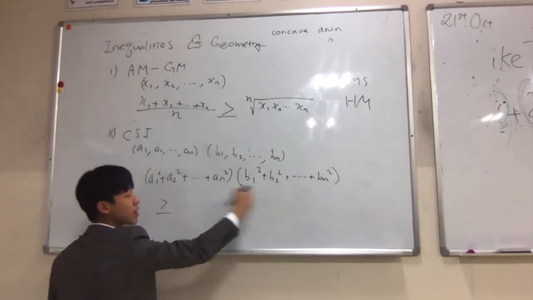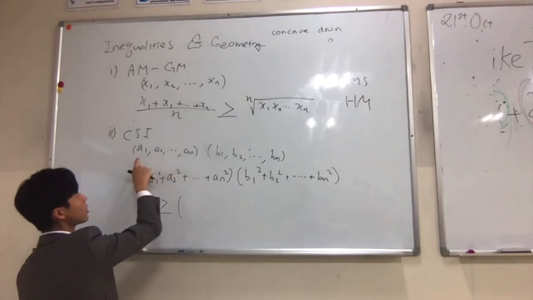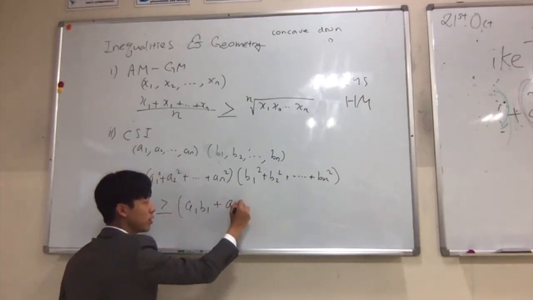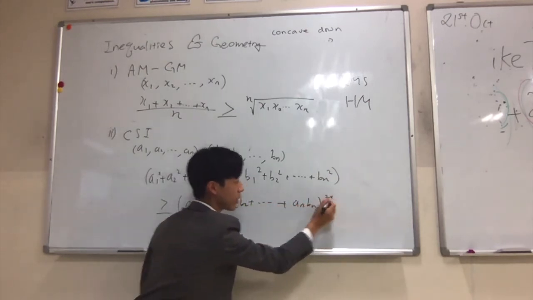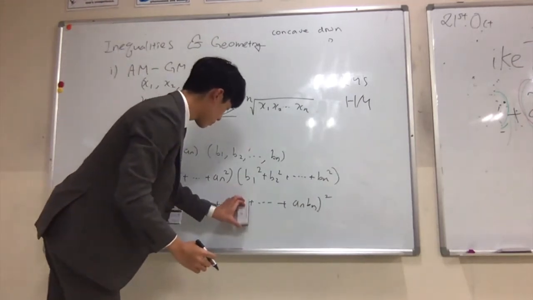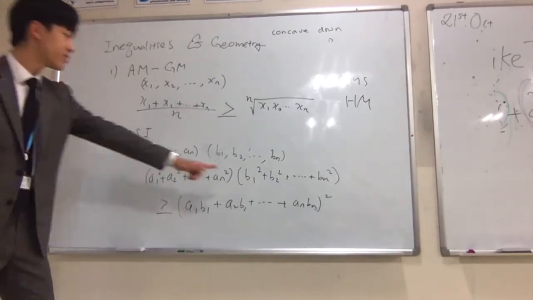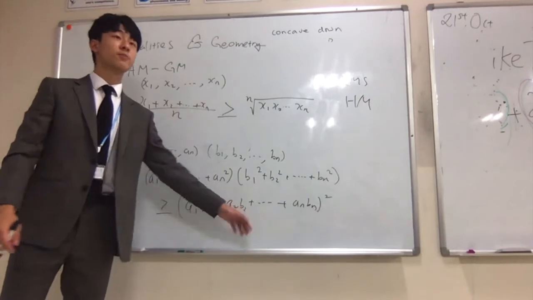Then this expression here is always greater than or equal to A1 times B1 plus A2 times B2, all the way up to An times Bn, squared. So it's basically the product of the sums of squares is always greater than or equal to the square of the sum of the products.